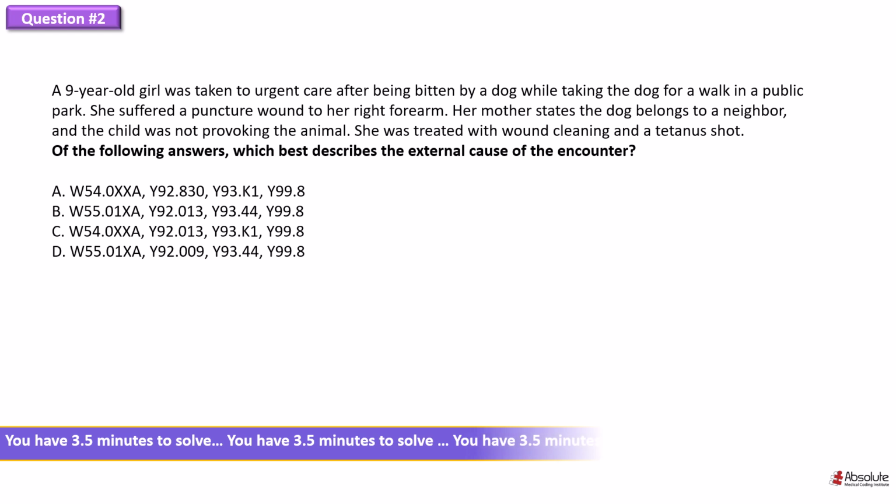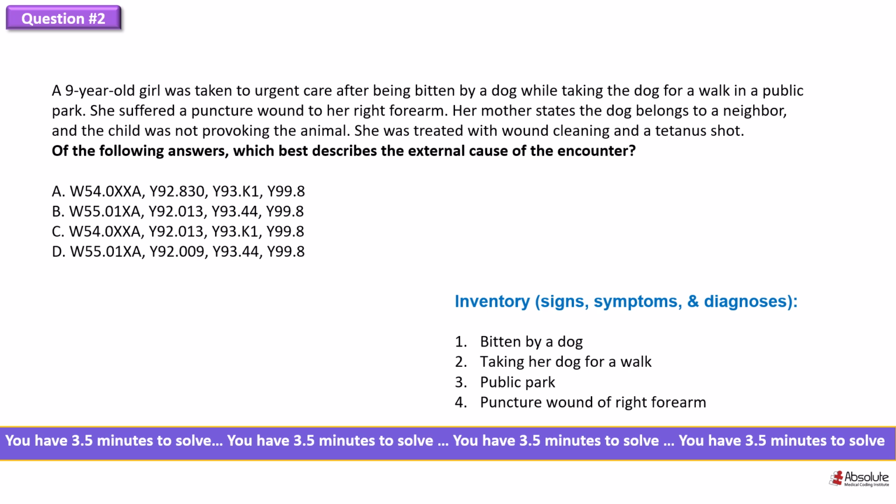Okay, that is time because I already started the timer when I was reading the scenario. Well, if you haven't completed, please go ahead and keep working on the scenario. Meanwhile, I will start explaining this one. So we have in inventory bitten by a dog, taking her dog for a walk, public park, puncture wound of the right forearm.